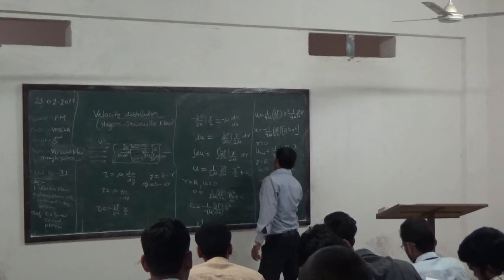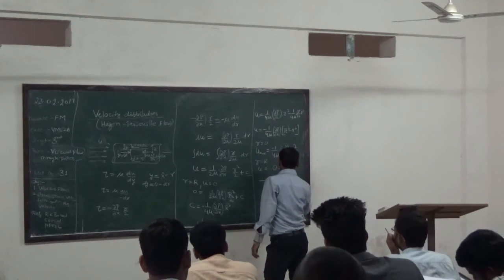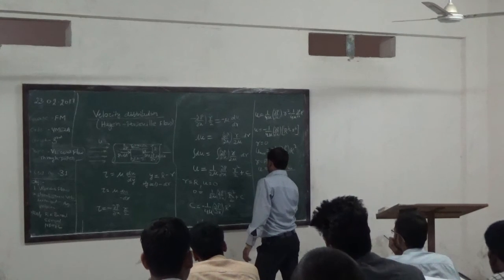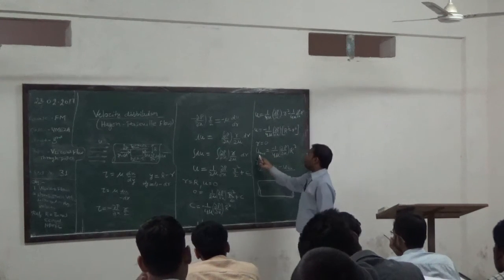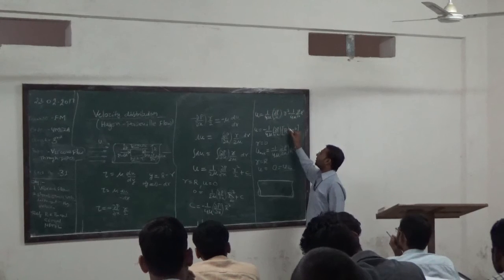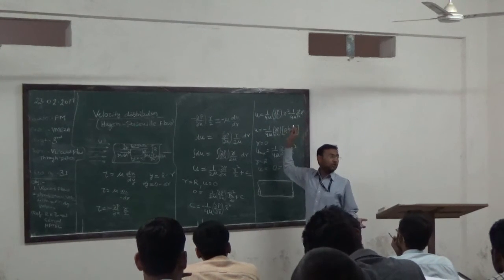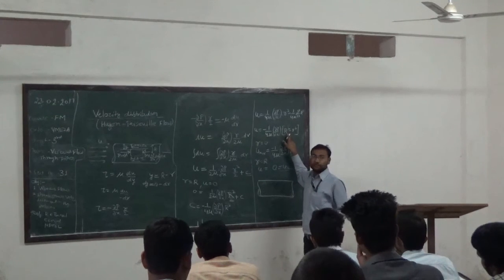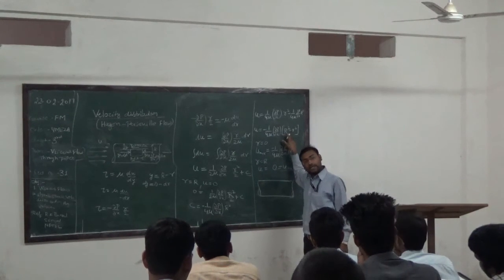Now if I draw the velocity distribution inside a pipe, velocity is proportional to the square of the radius.